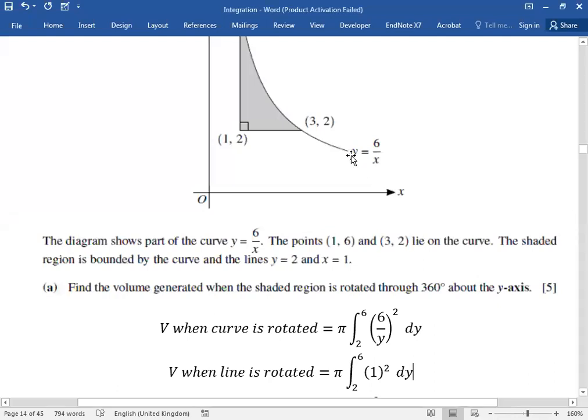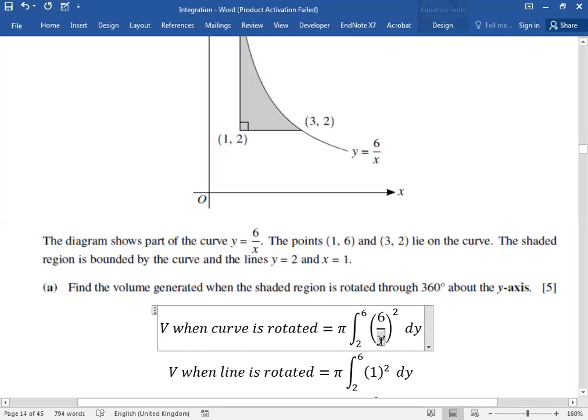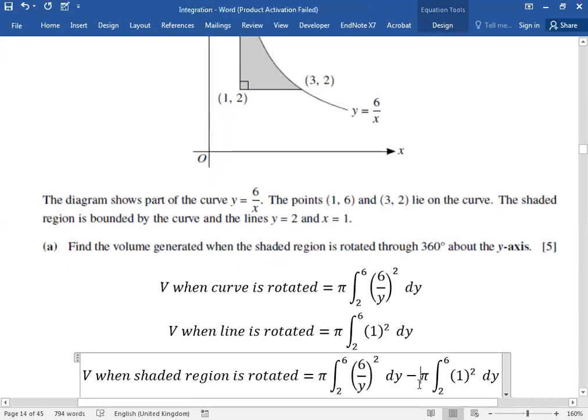First, make x the subject of the formula. Why? Because we are rotating 360 degrees about the y-axis, and that volume is found by taking pi x squared dy. First, we substitute this, we square it, and then we integrate.